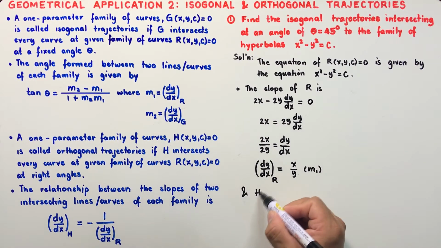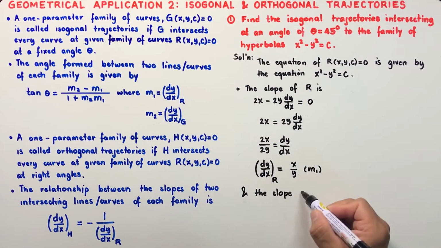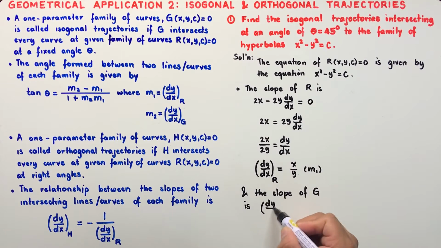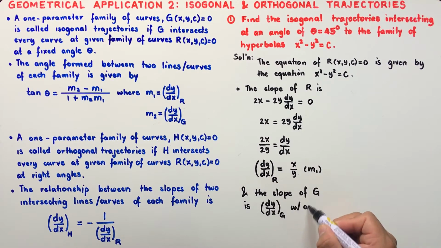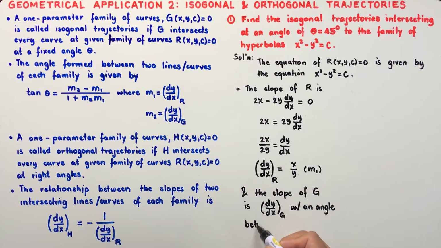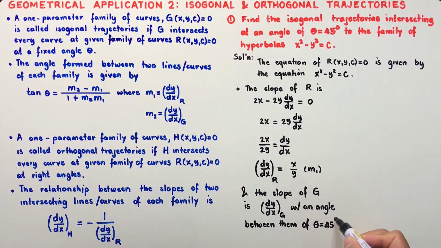The slope of the family of curves g is the derivative of y with respect to x for this family, with an angle between them of 45 degrees.